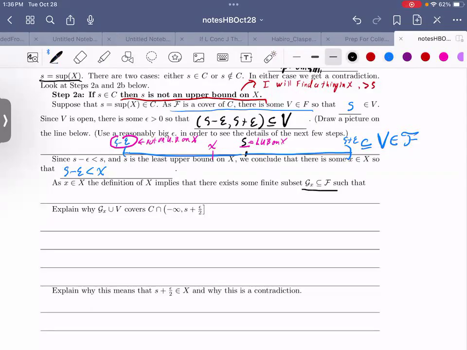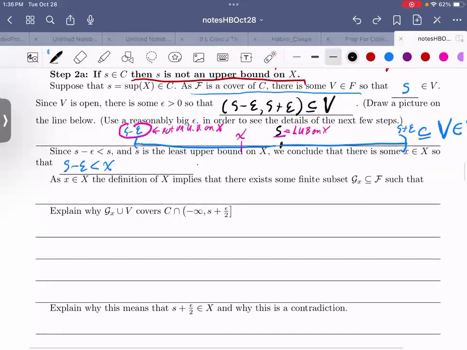It depends on what X is, so it's reasonable to call that G sub X, which satisfies that G sub X covers C intersect negative infinity to X. All right, very nice, very nice.